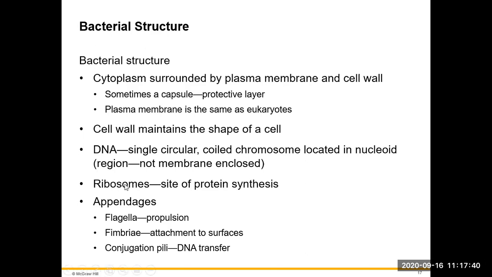And bacteria do have ribosomes. If there is anything I want you to memorize from this section, just know ribosomes. Ribosomes are the sites of protein synthesis in any cell.